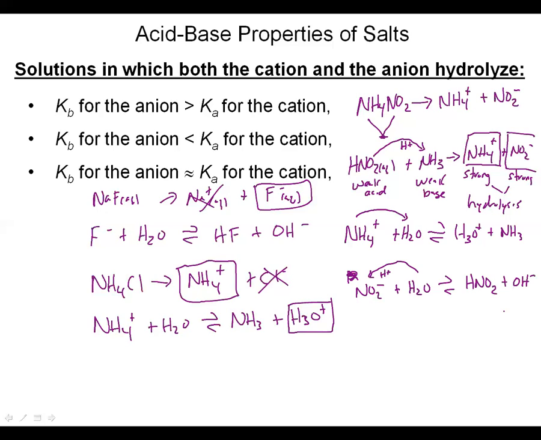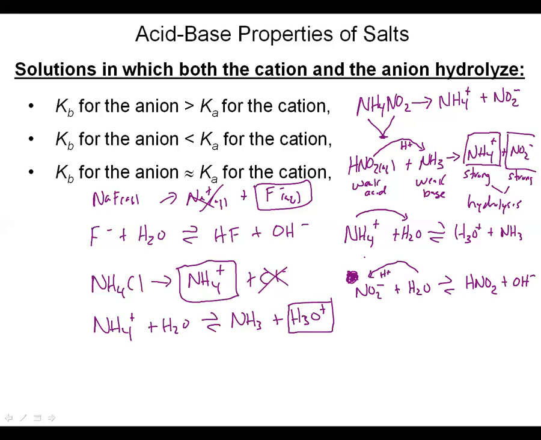So when you have these reactions occurring, how do you know which one it will do? Will it do the one where it produces H3O plus? Will it do the one where it produces OH minus?